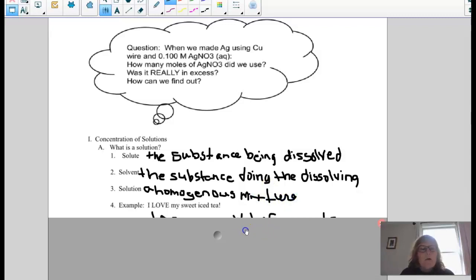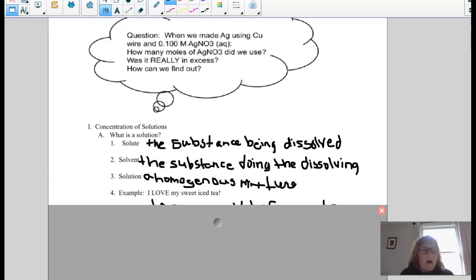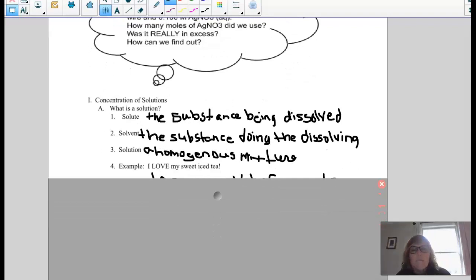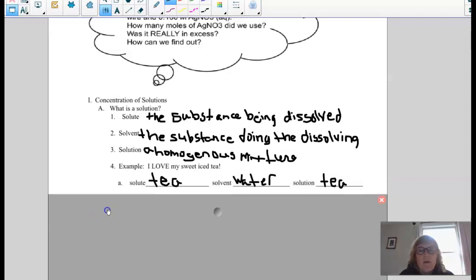I love my sweet iced tea, or just any drink, Kool-Aid. When we talk about what we're dissolving, the solute, the solvent, and the solution: the solute is the tea. You could also say it's tea and sugar, because if we have sweet iced tea, we have to have sugar.